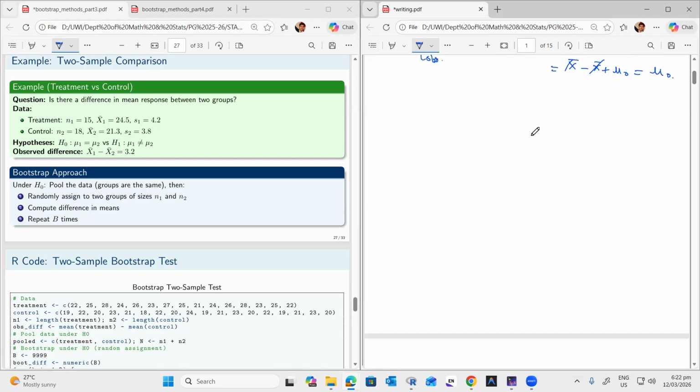The algorithm will work like this: a two-sample test for equal means.